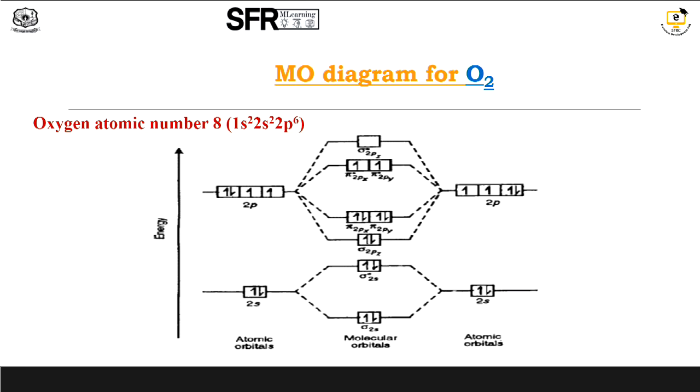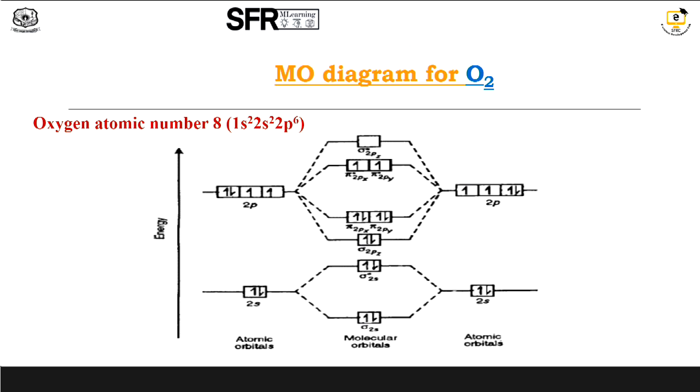In the MO diagram, the atomic orbitals of one oxygen atom are on the left side, and the atomic orbitals of the other oxygen atom are on the right side.